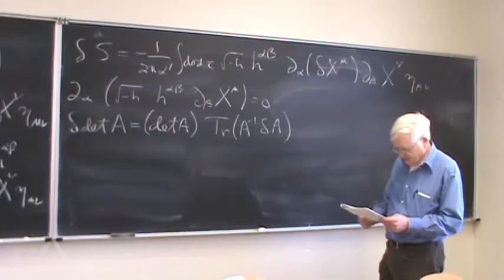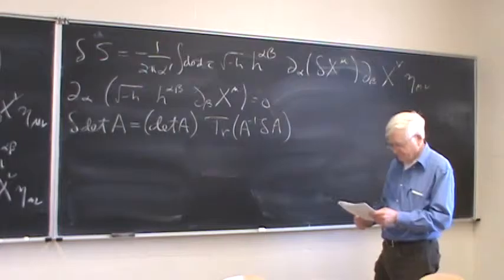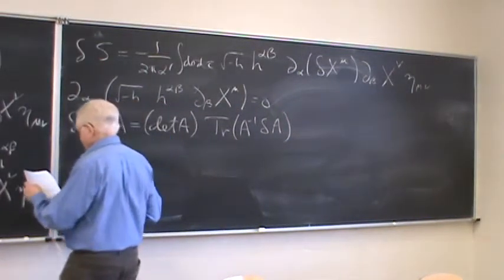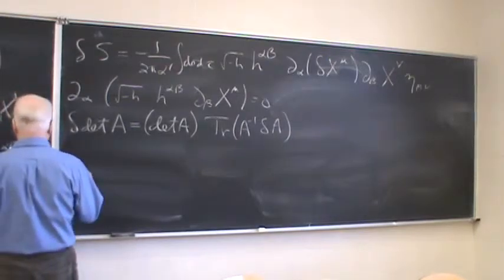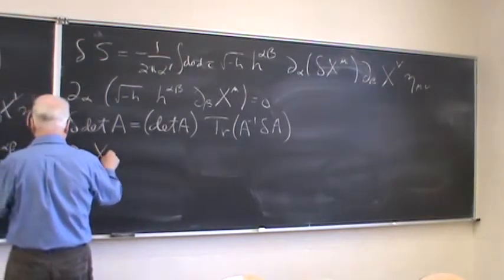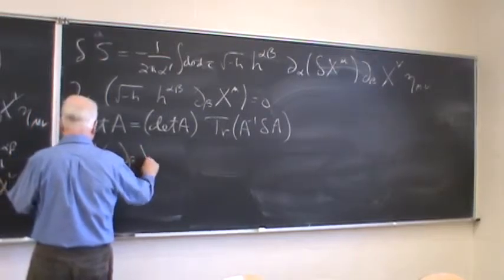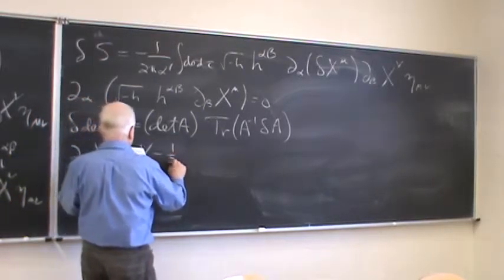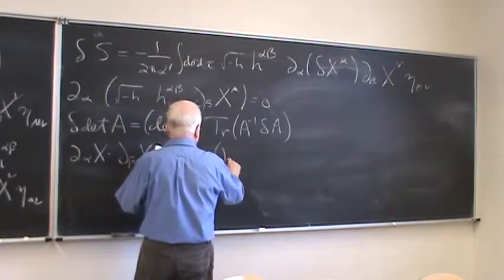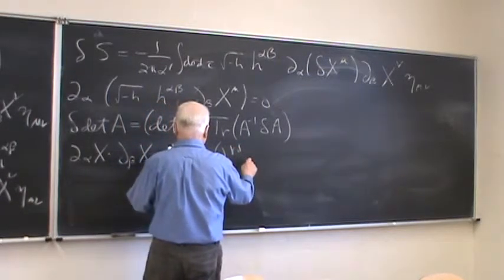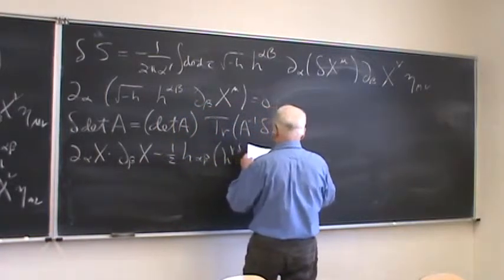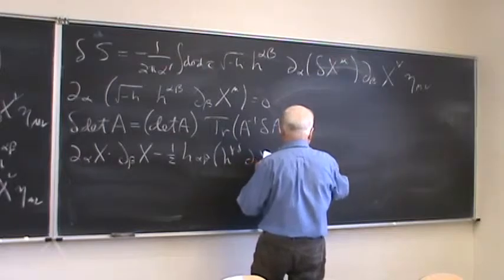Okay, well, let me just say that the equation of motion that comes out of varying h is partial alpha x dotted into partial beta x minus a half h alpha beta h gamma delta d gamma x dot d delta x equals 0.